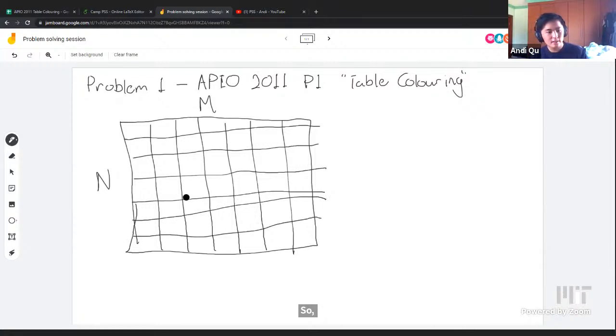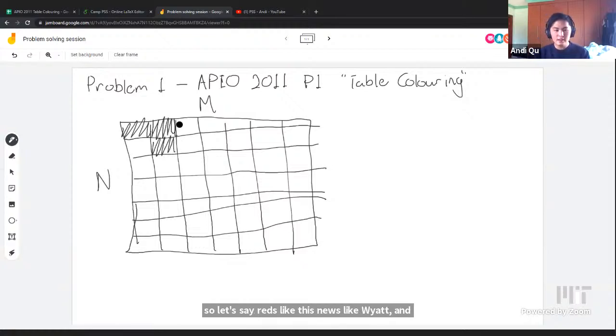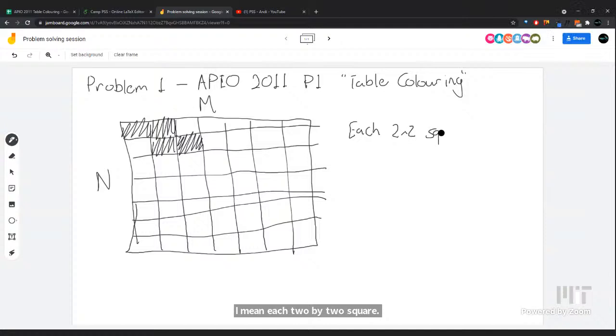Let's say red is like this, blue is like white. The problem says that in each 2x2 square, you have either 3 red cells or 3 blue cells.